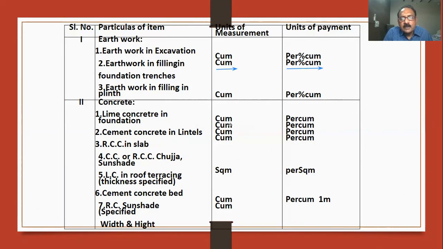The unit is cubic meter and the unit of payment is per cubic meter. Suppose you got 10 cubic meter of PCC, that is plain cement concrete bed or lime concrete under the foundation. The payment is also per cubic meter, rupees 3,000 or 3,500 per cubic meter. So 10 into 3,500, that is your cost.